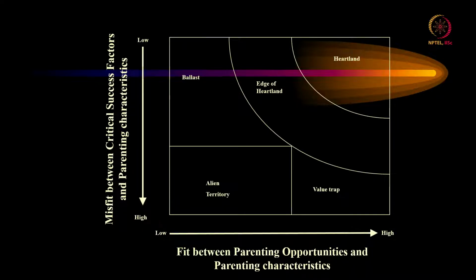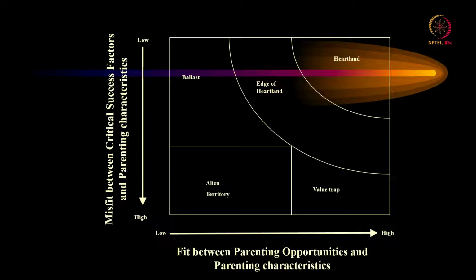The matrix emphasizes the fit of the business with the parent. It is composed of two dimensions: the positive contribution the parent can make and the parent's negative effects.